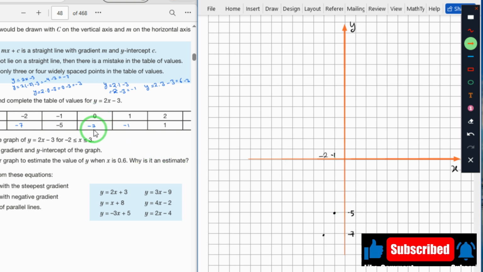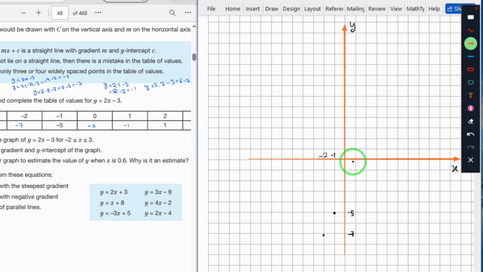Next one, x is 0, y is minus 3. With x at 0, we come down minus 1, minus 2, and minus 3. Next is x equals 1, y is minus 1; from x equals 1 we come down to this point, minus 1.